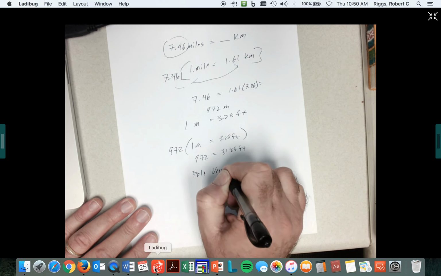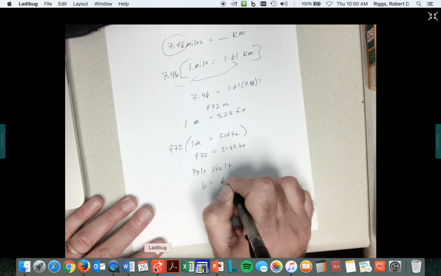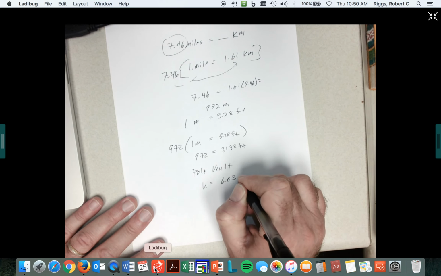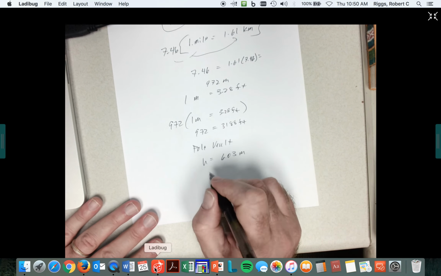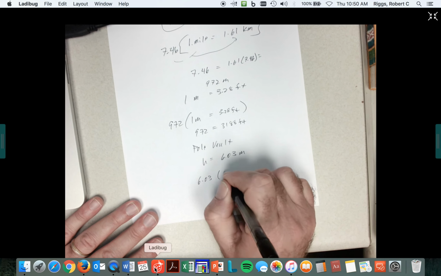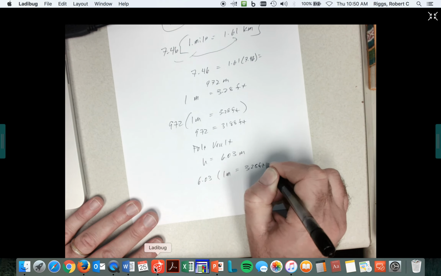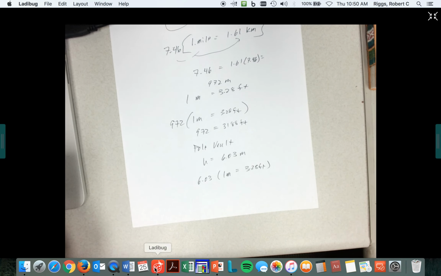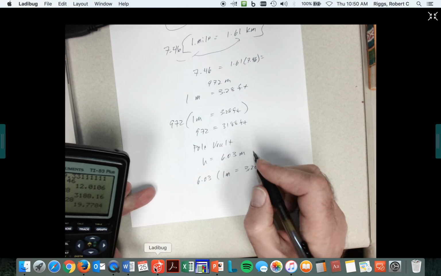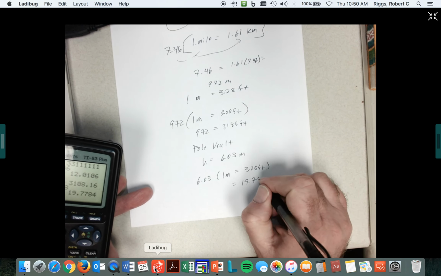And then, so let's look at the pole vault. The Brazilian pole vaulter who won, his height was 6.03 meters. So we can do it this way. We'll take the 6.03 times 1 meter is equal to 3.28 feet. We get 6.03 times both of them times 3.28. Boom. 19.7, basically 20 feet.